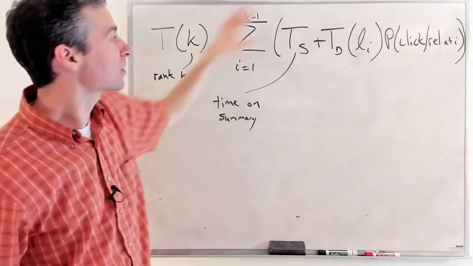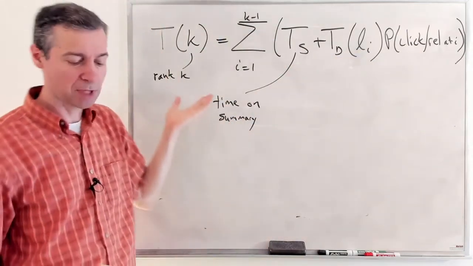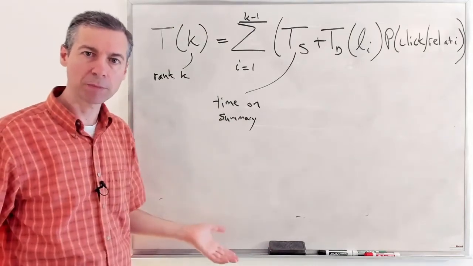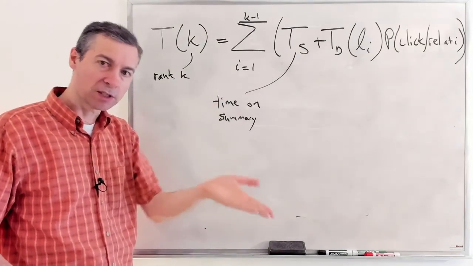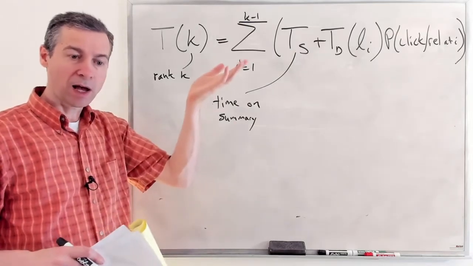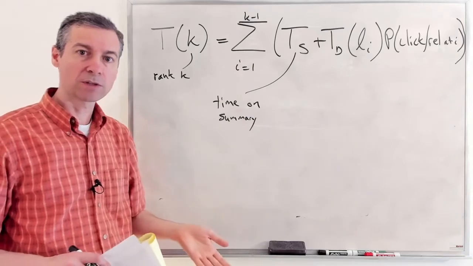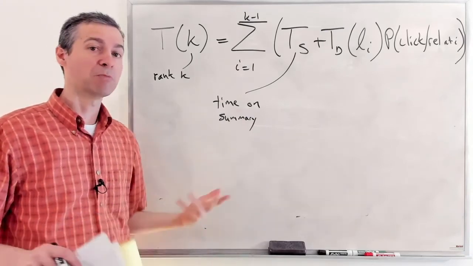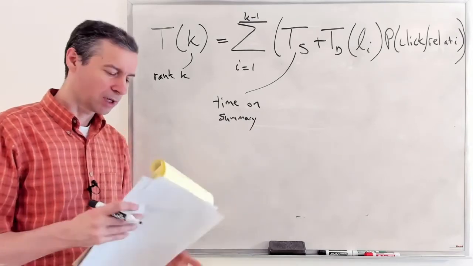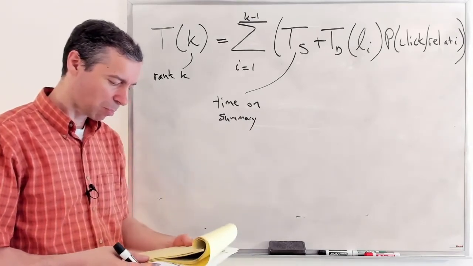So this gives us our expected time, which is the average amount of time that it's going to take our population to reach down and get to rank K. So this lets us estimate how long it takes you to get in the rank list. We're going to be able to combine that with our notion of how long you actually spend in the rank list.